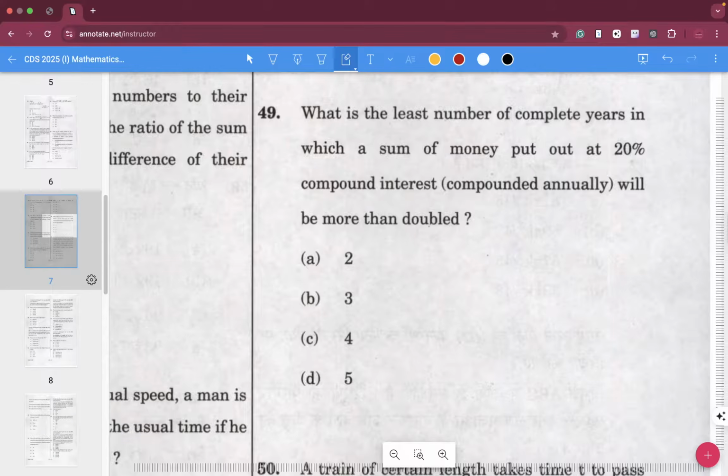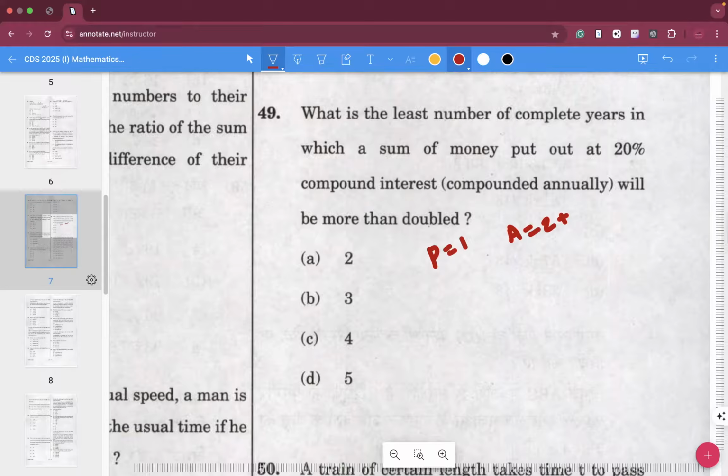I am saying principal is equal to 1 rupee. If principal is equal to 1 rupee, when does the amount become 2 rupees or more? This is what they are asking. When exactly does the amount become 2 rupees or more?